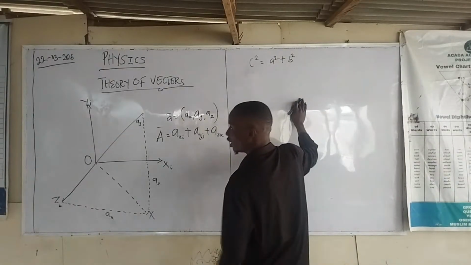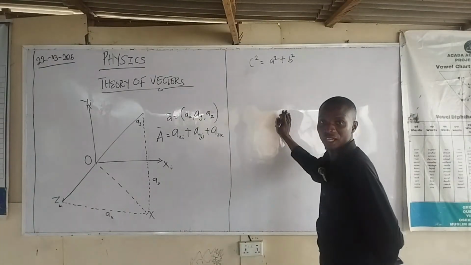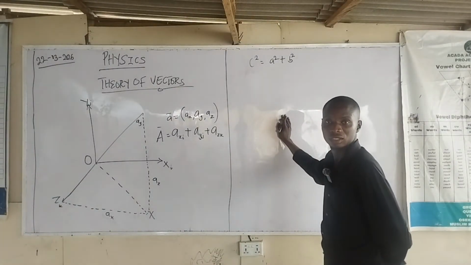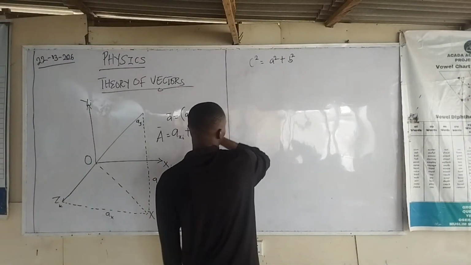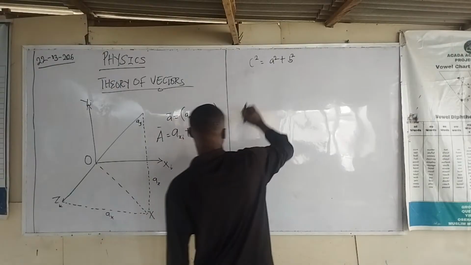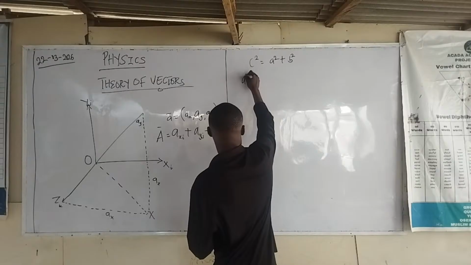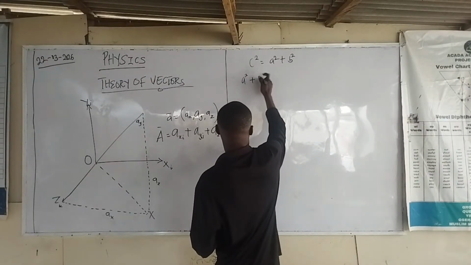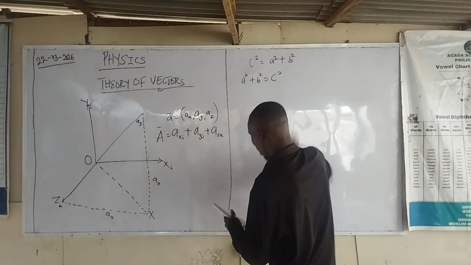So in 2 dimensions, having x and y, we can say A square plus B square is equal to C square.